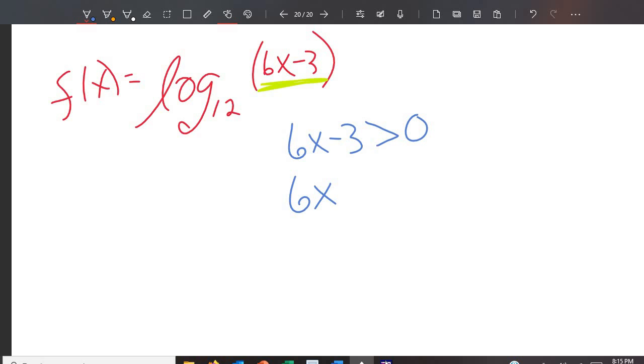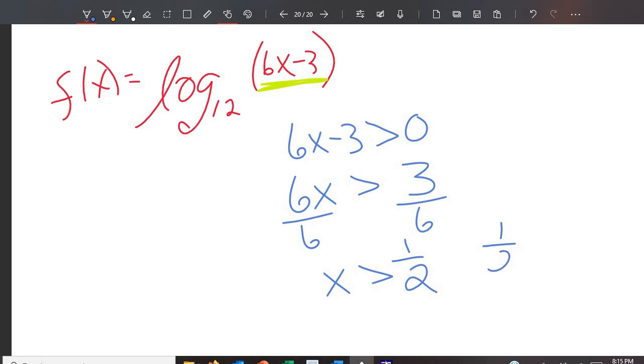Then I'm just going to solve for x, so move the 3 over, it becomes positive. Divide by 6, so we'll get 3/6, which is 1/2. So we end up with parentheses, parentheses. Now it's got to be greater than 0. It cannot be equal to 0.